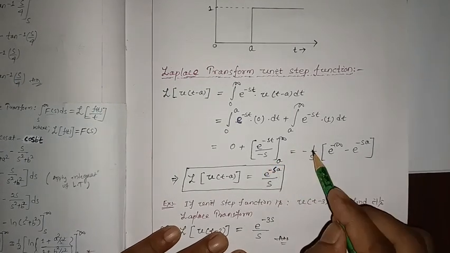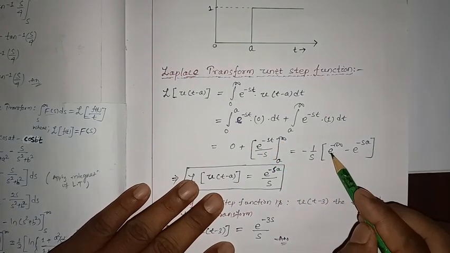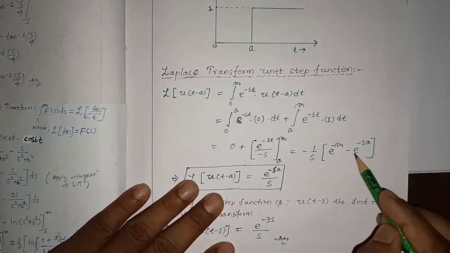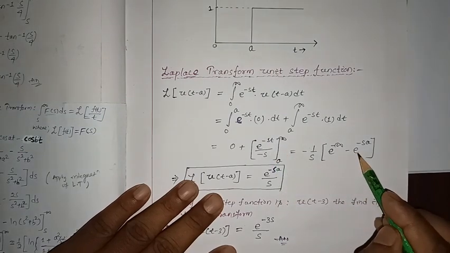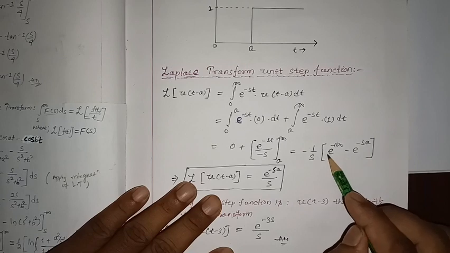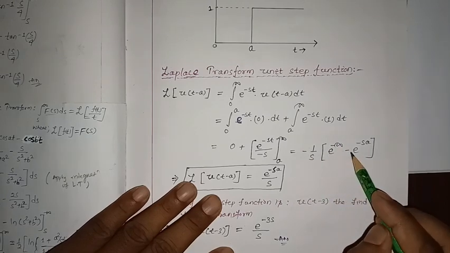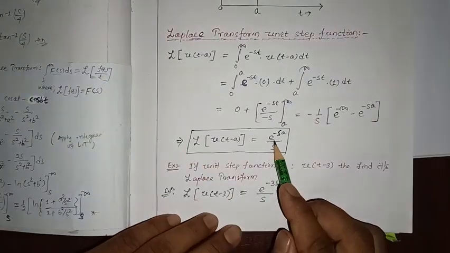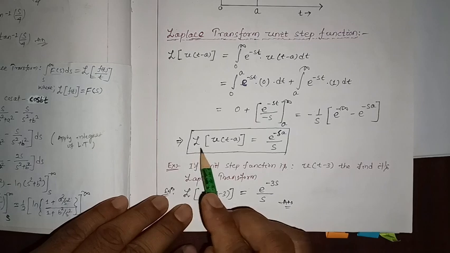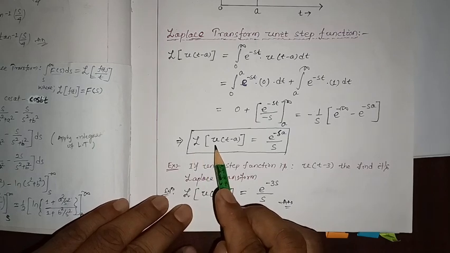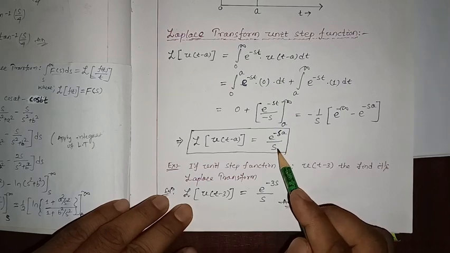Minus 1 by s taken outside, so if I put infinity it will be e to the power minus infinity, minus e to the power minus sa, putting a instead of t. We know that e to the power minus infinity is 0. So minus minus plus, we find e to the power minus sa by s. So the Laplace transform of the unit step function u(t minus a) equals e to the power minus sa by s.